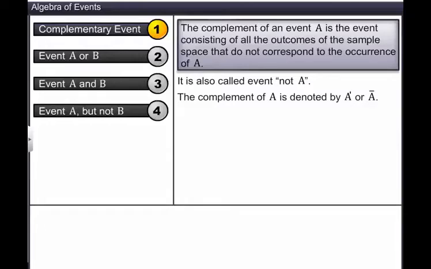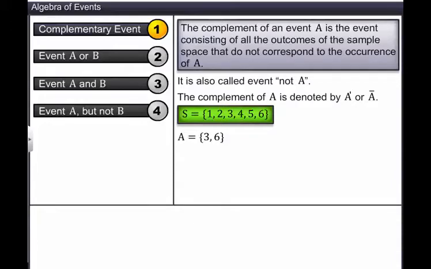Let's consider the sample space shown when a die is rolled. A equal to {3, 6} is an event multiple of 3. Clearly, for outcome 1, event A has not occurred. However, we can say that not A has occurred. Similarly, for every outcome that is not in A, we can say that not A has occurred.